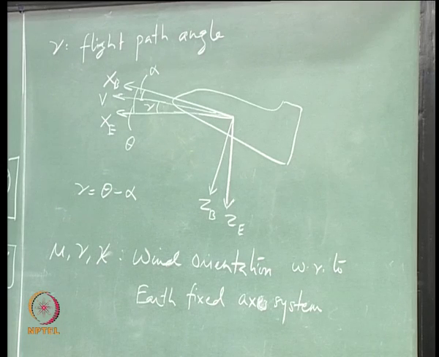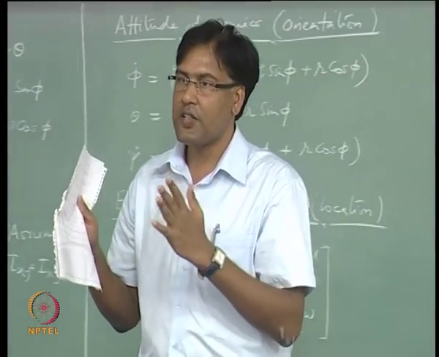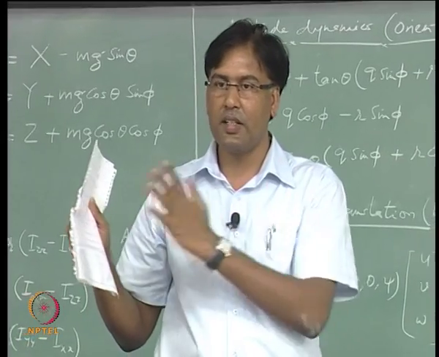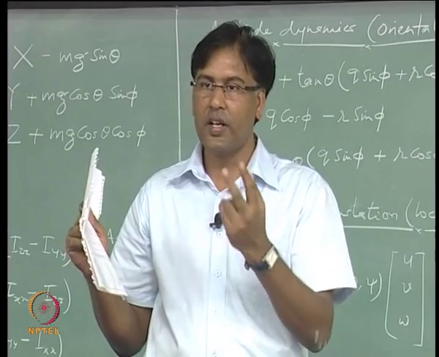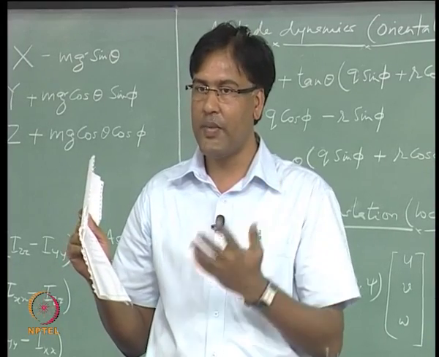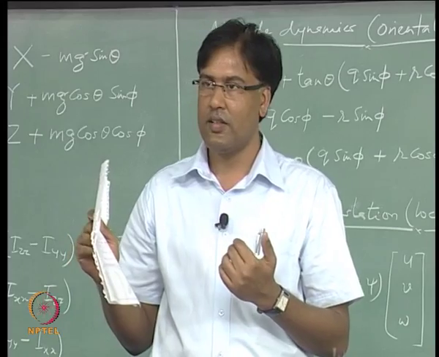Right. How do you find the relation now between the components of a vector in earth fixed axis system and components of the same vector in the wind fixed axis system? How do you find the relation? You already know the relation between the components of a vector in the body fixed axis system and the earth fixed axis system, right. You have to include 2 more rotations which will include the angles alpha and beta, right.